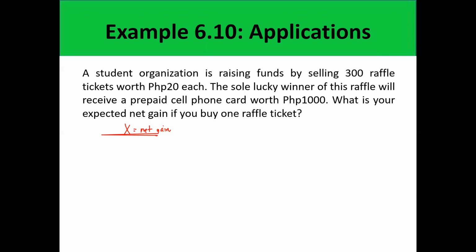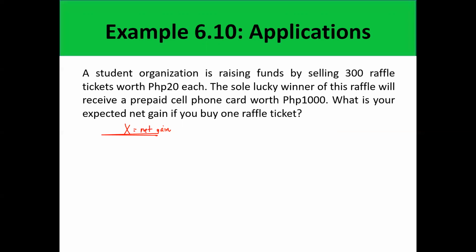Every ticket's outcome is the prize minus the cost of the ticket. If you win in this raffle, you win a cell phone card worth 1,000 pesos, so you have to subtract the 20 pesos that you spent in buying the raffle ticket. So 1,000 minus 20 is 980 pesos, and that's the net gain of the winner.